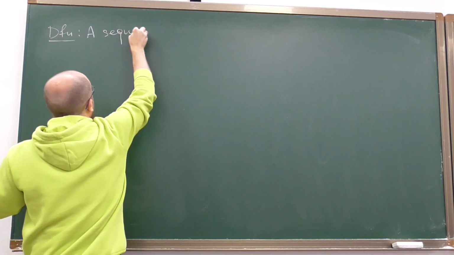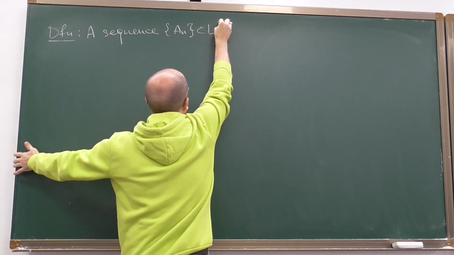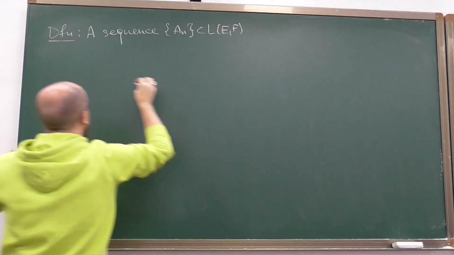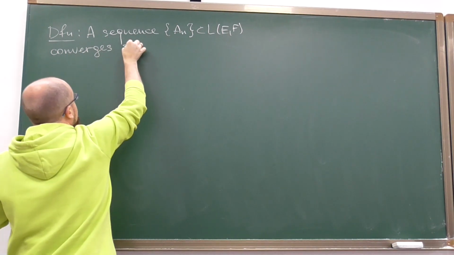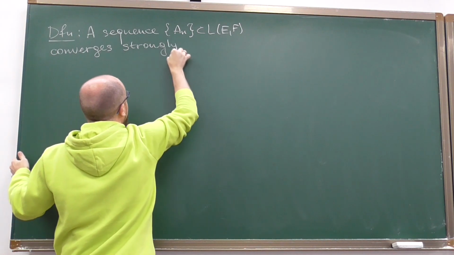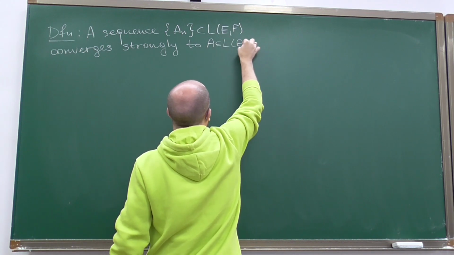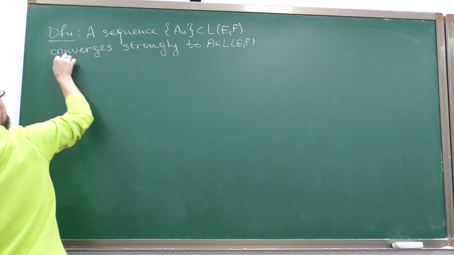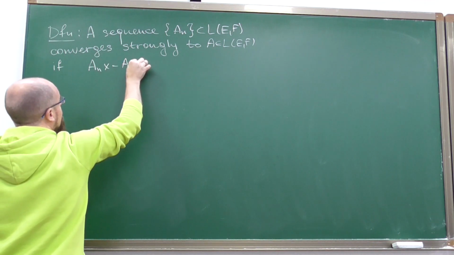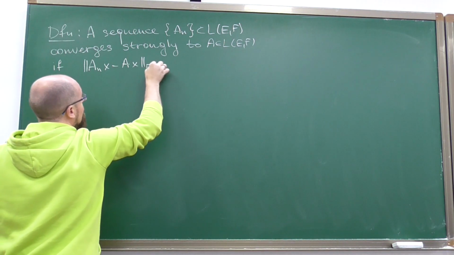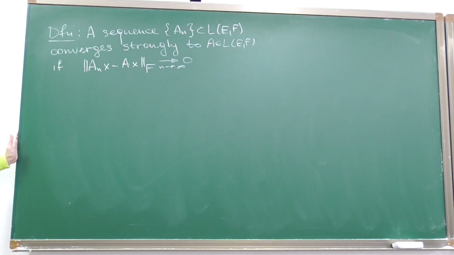We will say that a sequence A_n converges strongly to A if it in fact converges pointwise.